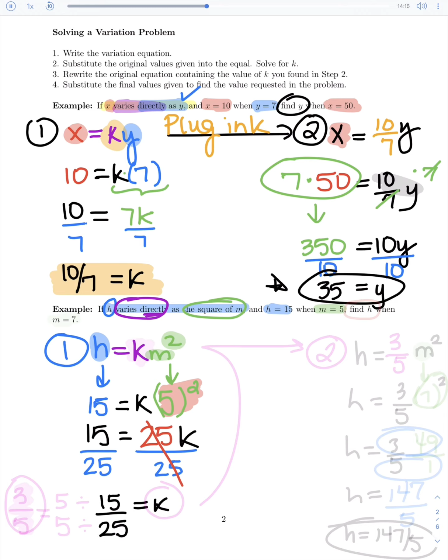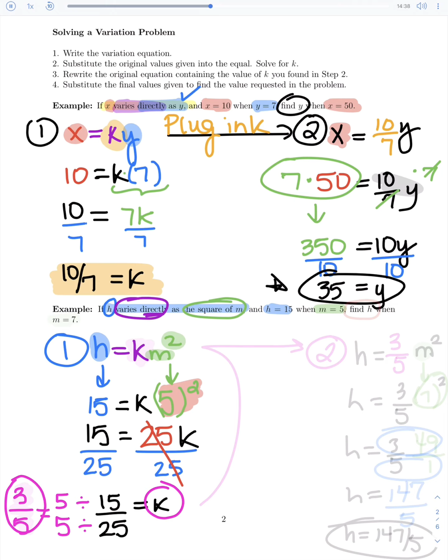The only problem with this value for k is that it's not reduced. It's a fraction. It should be reduced if it can be. So we're going to divide both the top and the bottom by 5 to reduce it. That will reduce the top to a 3 and the bottom to a 5, and that gives me that my k is 3/5.